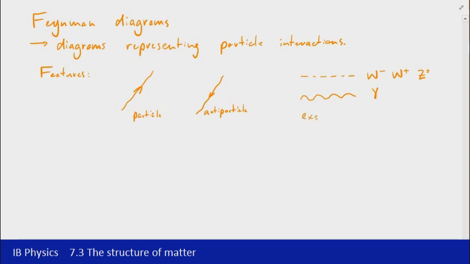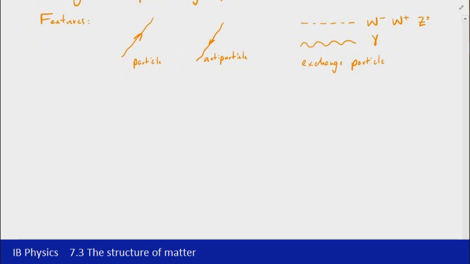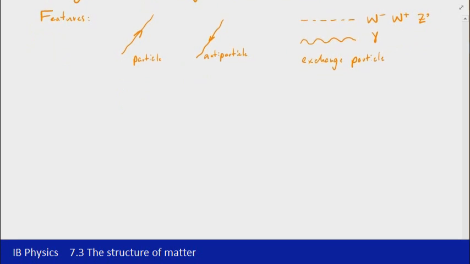So these represent the exchange particles. With the Feynman diagrams that we're going to look at, we're generally going to be dealing with gauge bosons, but sometimes you can have other particles that act as the exchange particle. You'll notice that we've left out gluons there. We will deal with those as we need to as we go along, but mostly we'll be dealing with those W minus, W plus, Z naught, and gamma.